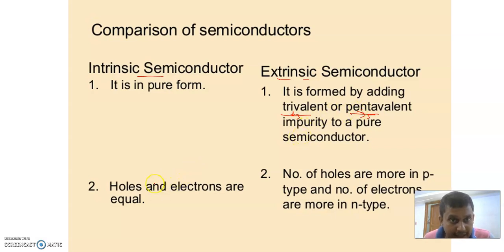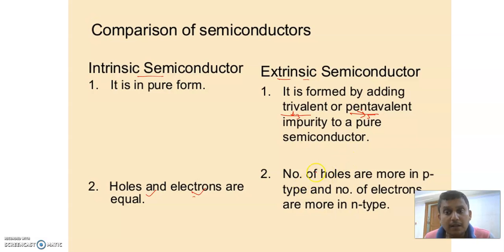In intrinsic semiconductor, the number of holes is equal to the number of electrons. In extrinsic semiconductor, the number of holes is more in p-type semiconductor. We will see the reason ahead, why the number of holes is more in p-type semiconductor and why the number of electrons is more in n-type semiconductor.